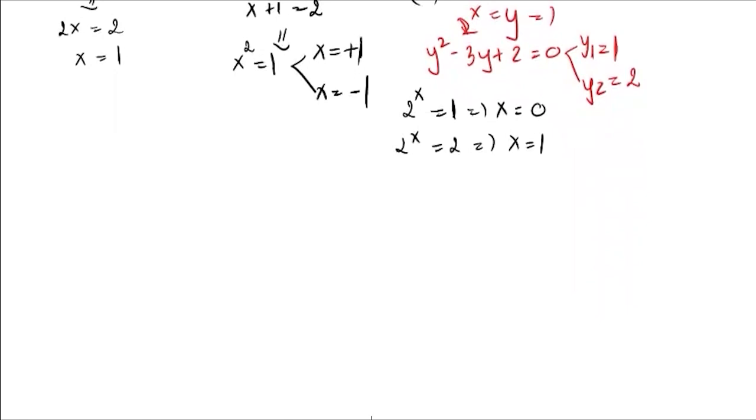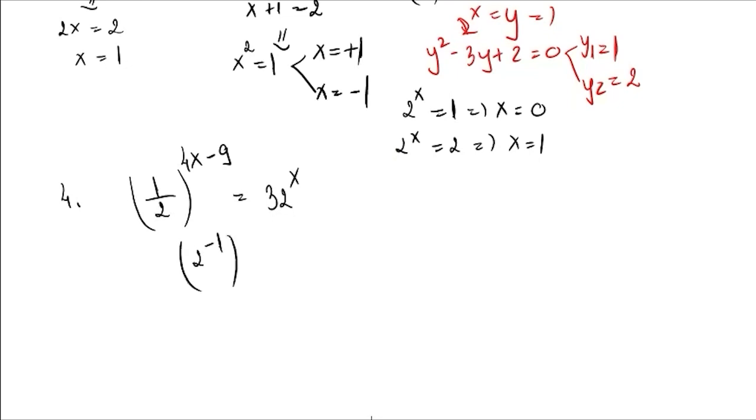Let's take another exercise: 1 over 2, everything to the power of 4x minus 9, equals 32 to the power of x. Here, I'm going to write 1 over 2 as 2 to the power of minus 1, everything to the power of 4x minus 9, equals 32, which means 2 to the power of 5, everything to the power of x.